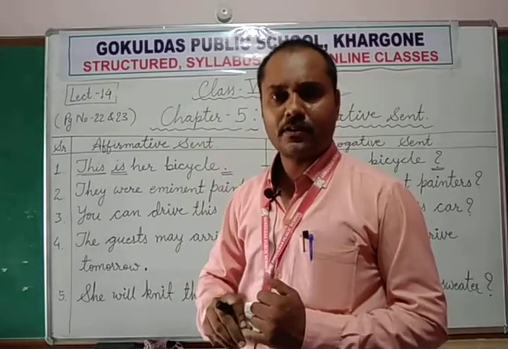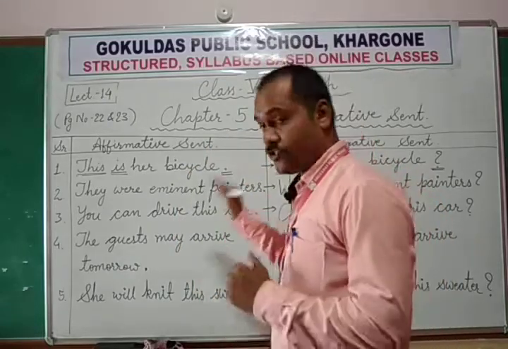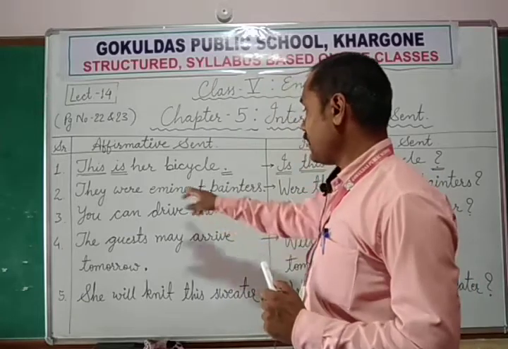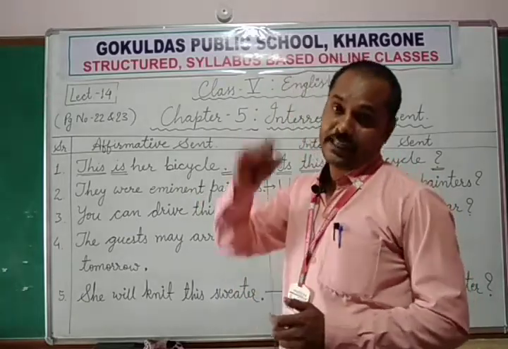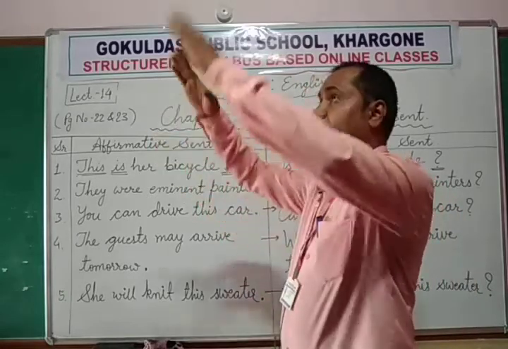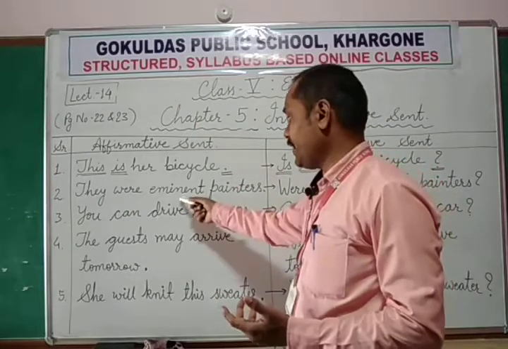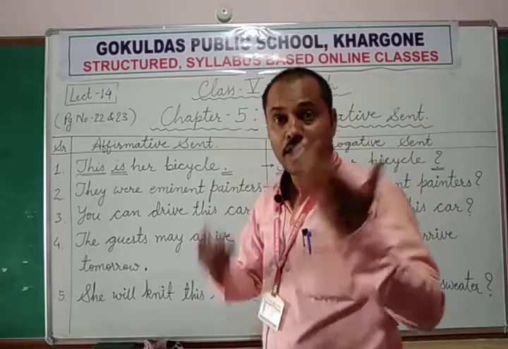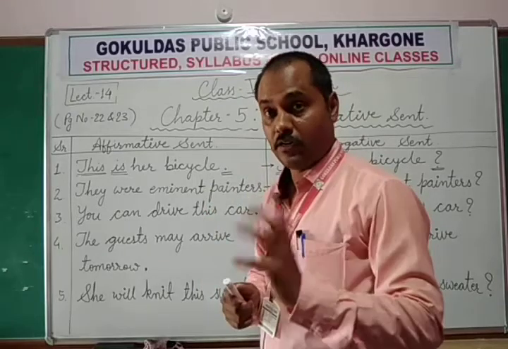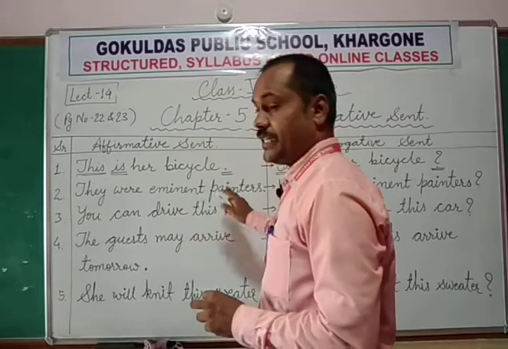Chanakya, Chandragupta, that was also ancient history. So in history we read about great people, great kings. Some painters were also famous at that time, those who painted on walls and made big paintings. Eminent means famous, well known, everybody knowing them around the world. So they were eminent painters, famous painters.